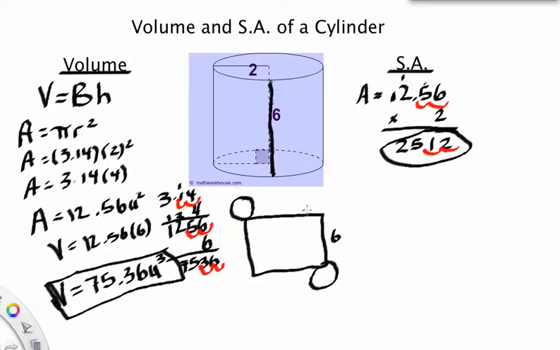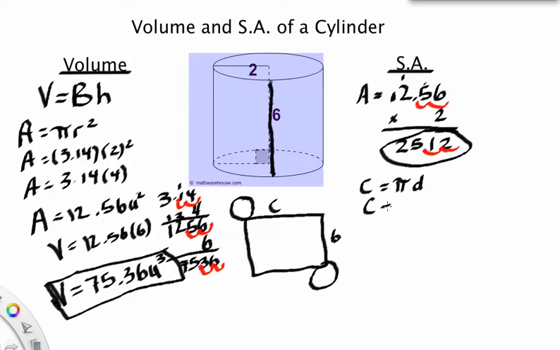The length of this rectangle is equivalent to the circumference of this circle. So that's the circumference of that circle. I need to find the circumference now to figure out what the area of this rectangle is. So circumference is pi times diameter. The diameter here would be 4. I'd have to double that radius.